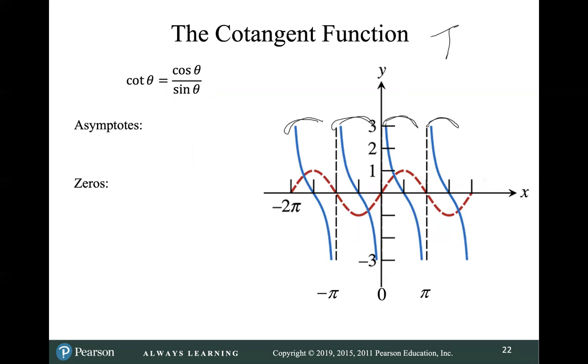So the period for cotangent is actually pi instead of 2 pi, because what happens when we're looking at the unit circle is that quadrants 1 and 2 repeat themselves in quadrant 3 and 4. So cotangent in quadrant 1 is equal to cotangent in quadrant 2. Each of these reference angles have the same cotangent values. That's why cotangent is periodic twice as frequently as sine or cosine.